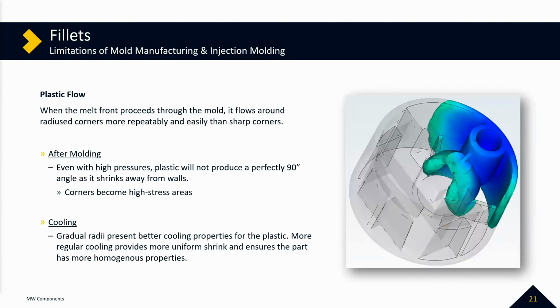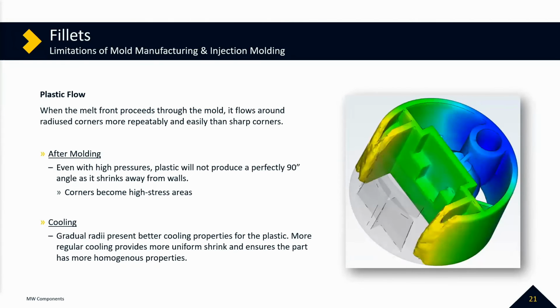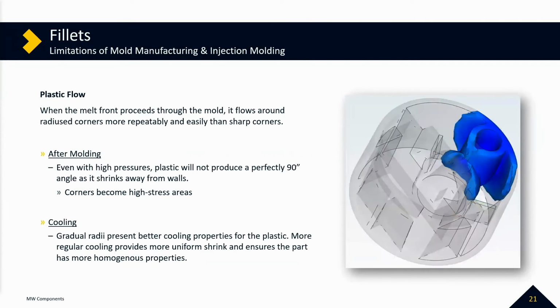The other area that's going to be helped by radiusing corners is cooling. Gradual radii present much better cooling properties for plastic. It makes the distance between the plastic and the cooling channels in the steel more uniform throughout the mold, and that provides more uniform shrink.